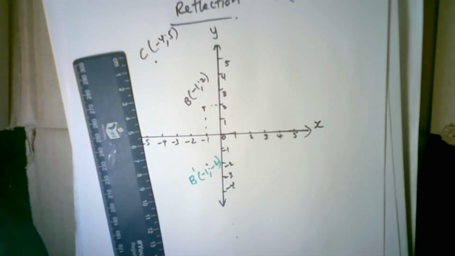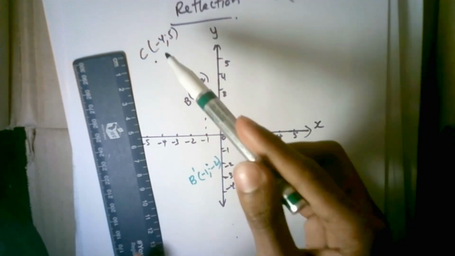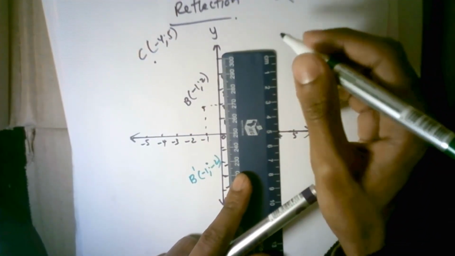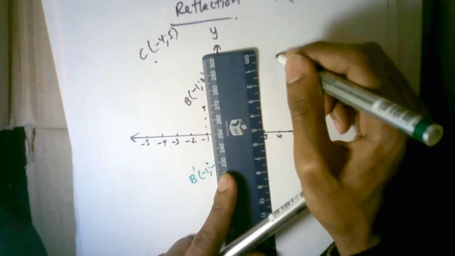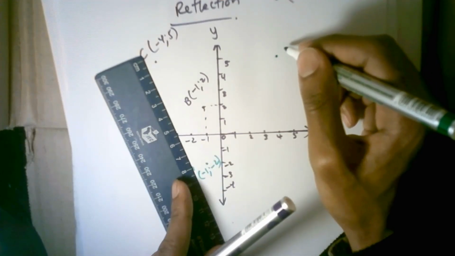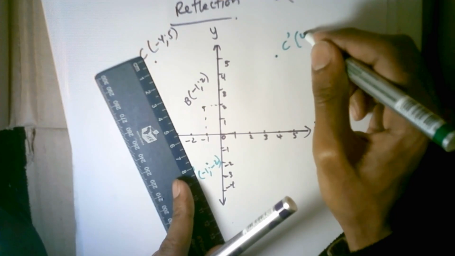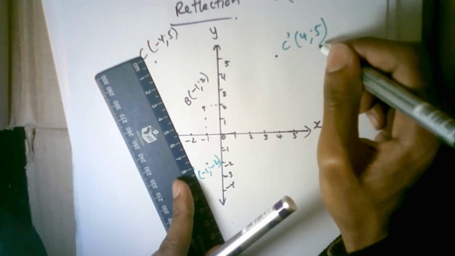Now the x value is -4, the y value is 5. So remember the rule, when you reflect about the y-axis, the y value will still remain the same, but the sign of the x value will change. So instead of being -4, it's going to be +4 and still 5. So this is going to be C prime, which is +4 and +5.